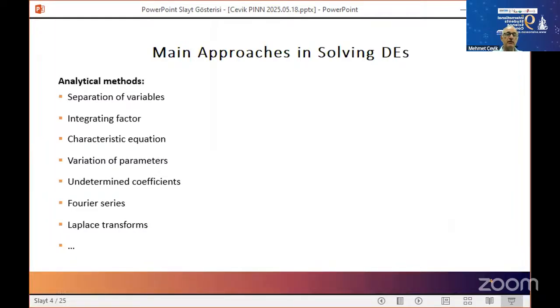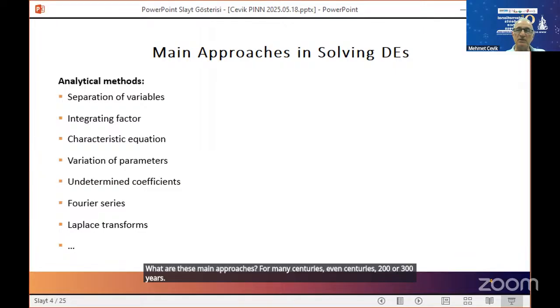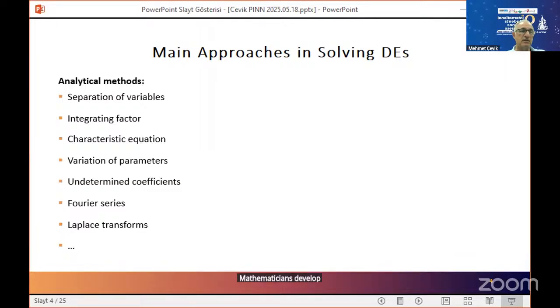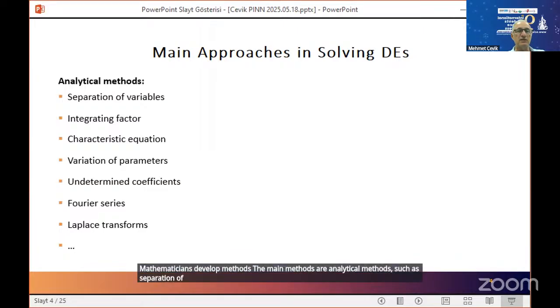What are these main approaches? For many centuries, 200 or 300 years, mathematicians developed methods. The main methods are analytical methods such as separation of variables, integrating factor, characteristic equation, etc.